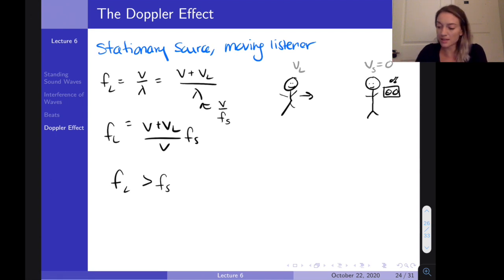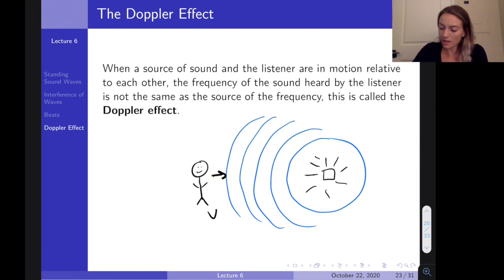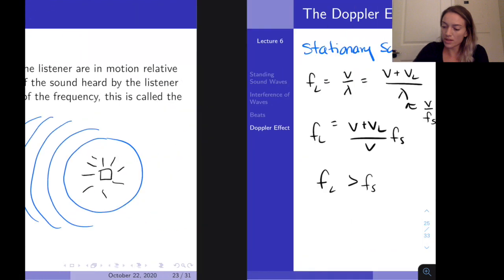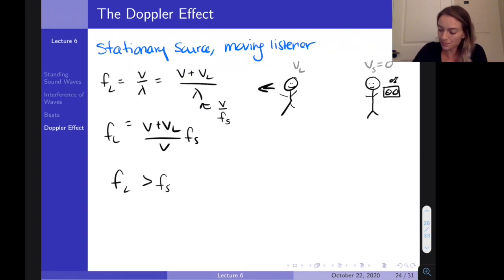Now if instead the listener was moving away, moving this way instead, it would look like the waves are actually slower. So all you would have to do is use V minus VL.